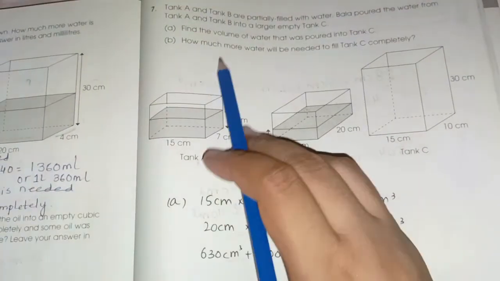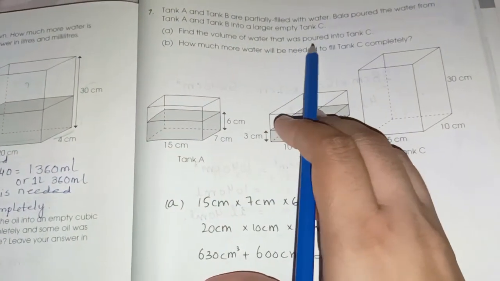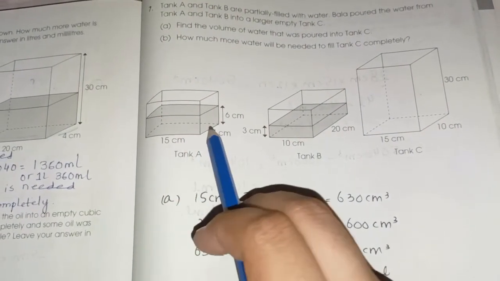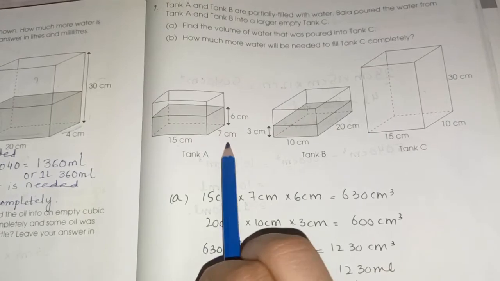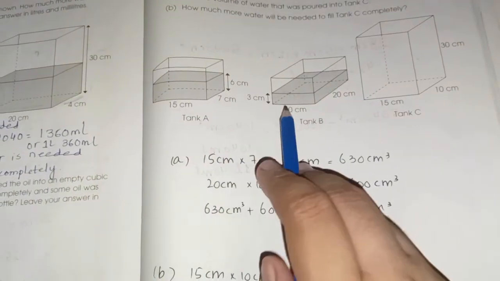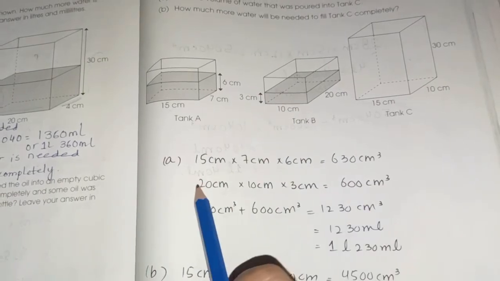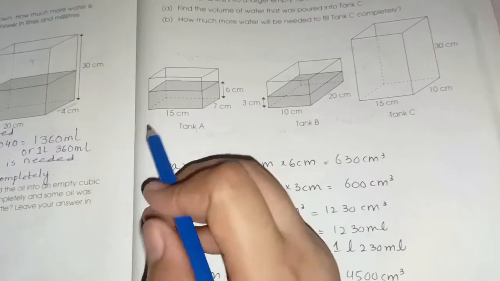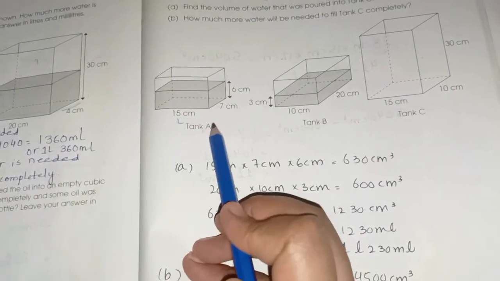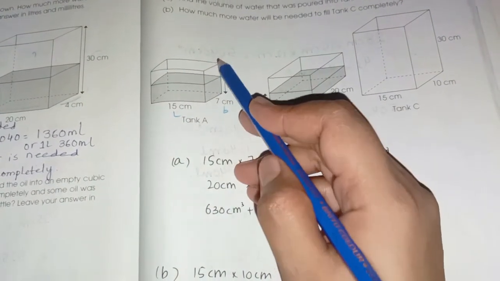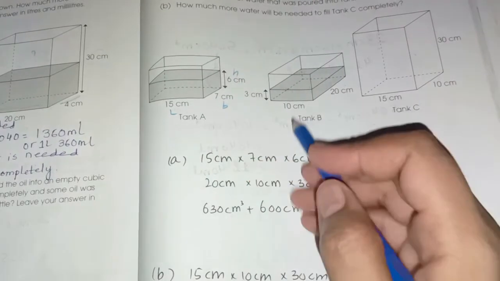So part A is to find the volume of water that was poured. We have 5, 15, 7 and 6, length, breadth and height. And we have again length, breadth and height. So we multiply these numbers, length, breadth and height of the water, not the container, only the water.